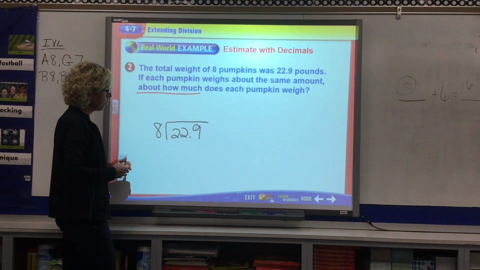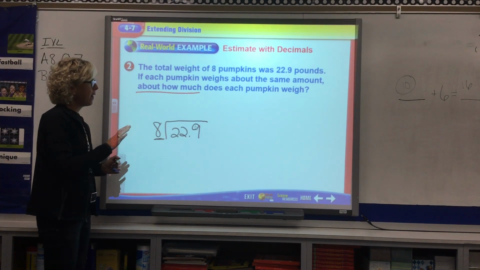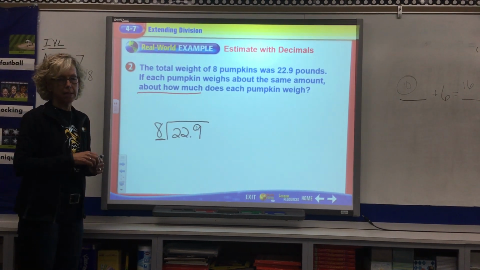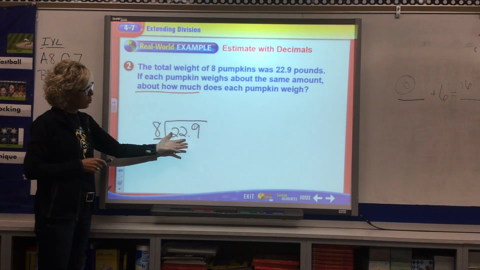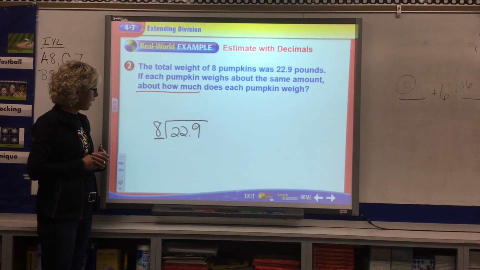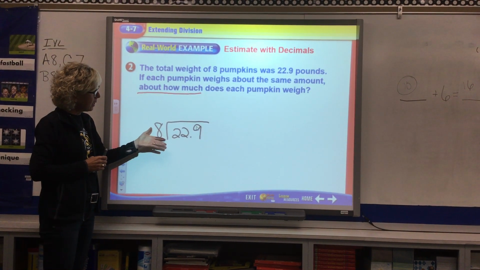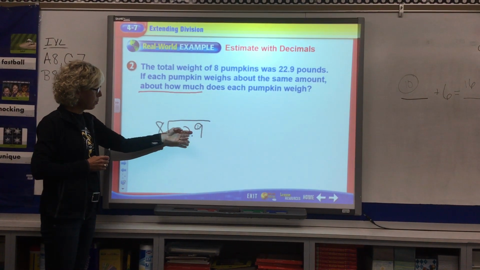Now I would look at my divisor and let that divisor drive my estimate. I would think about multiples of 8 that are close to 22, 23-ish. And I know that 8 times 3 is 24, so that's really close.